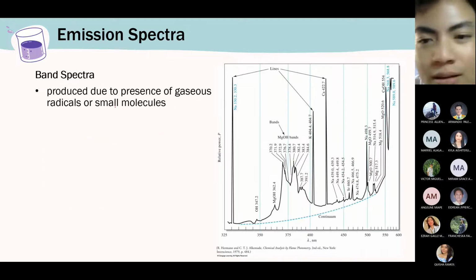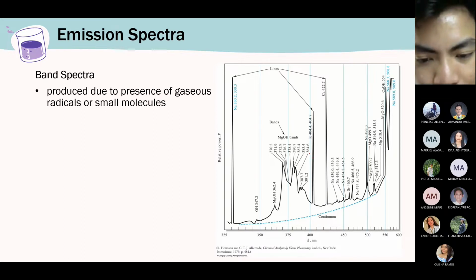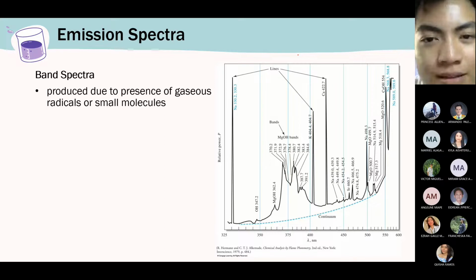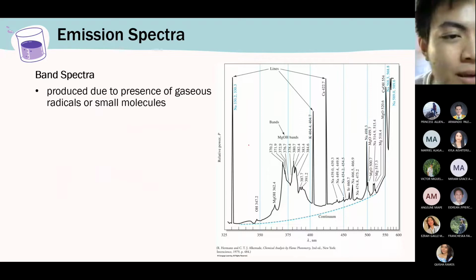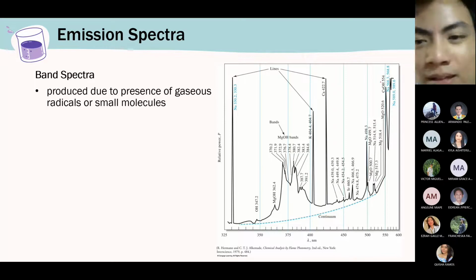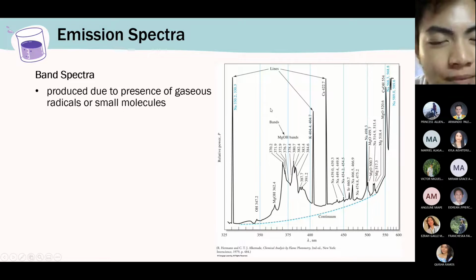You can also have band spectra, for example Raman spectroscopy. Sometimes our matter, when heated, can produce different wavelengths as well, and those wavelengths can correspond to different elements.